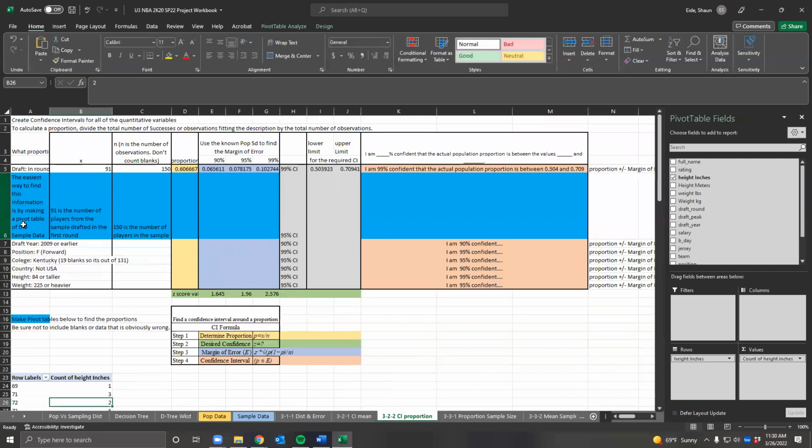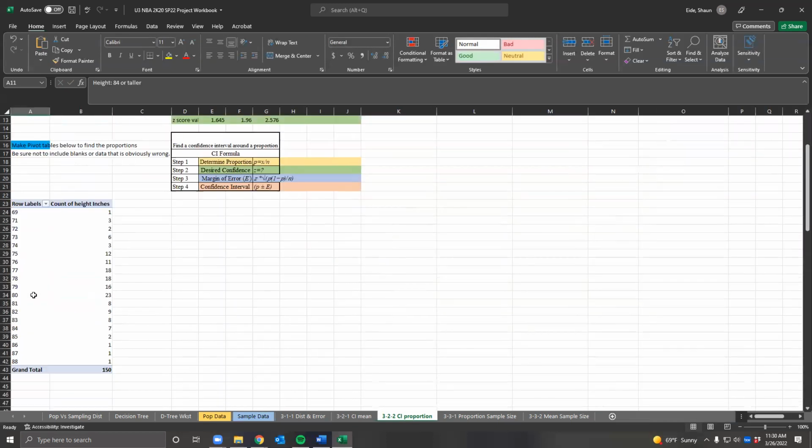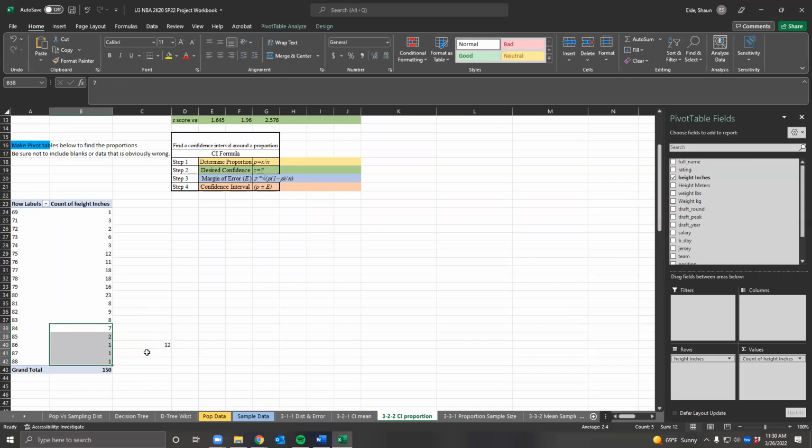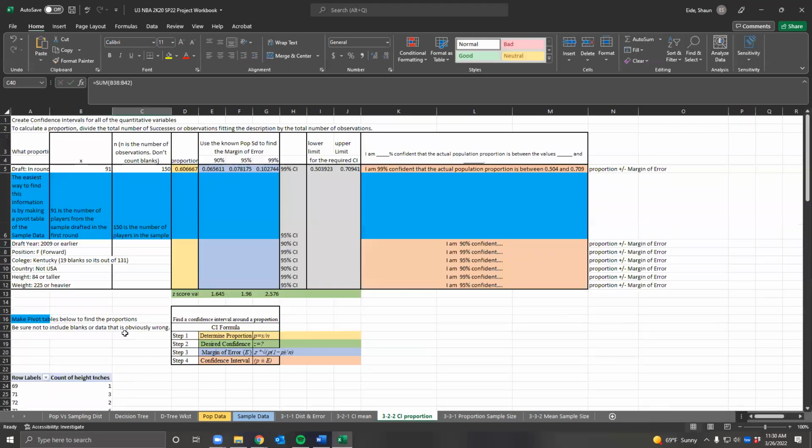So what that means is anyone in these categories right here. So we do equals the sum of those who are 84 inches or taller. There's a total of 12 observations that are 84 inches or taller, and so what you do is you put 12.